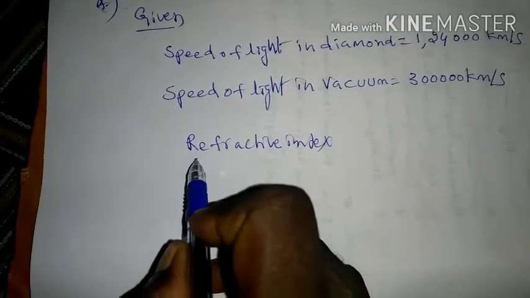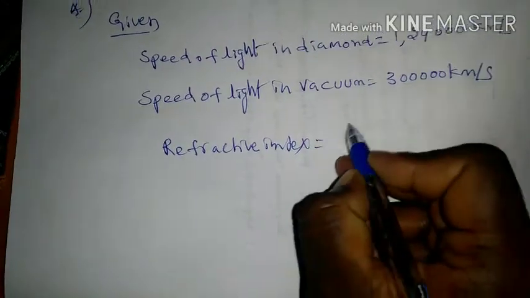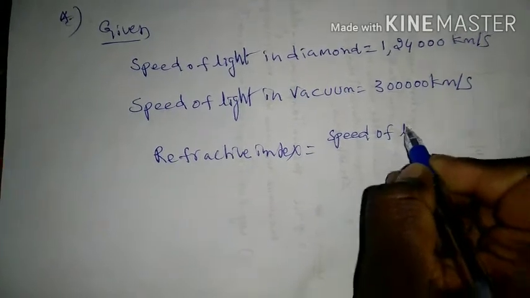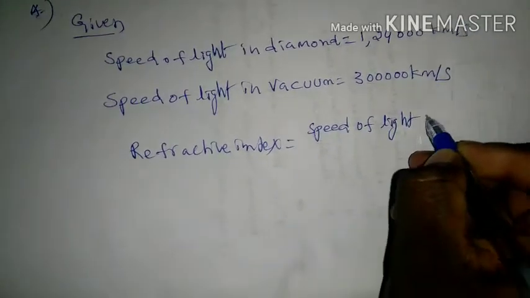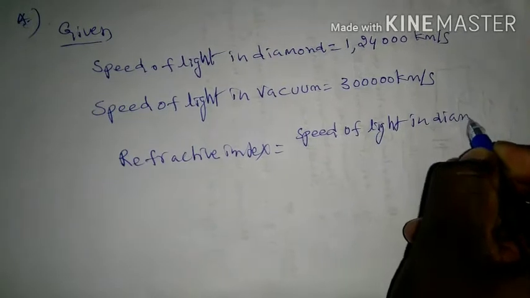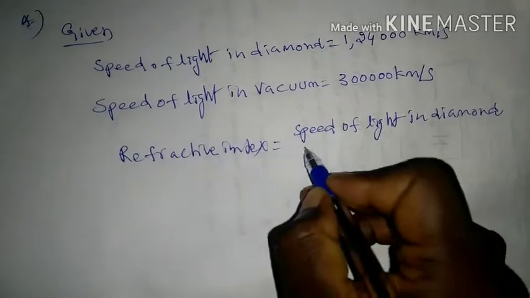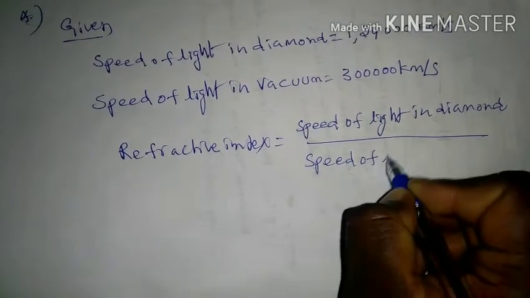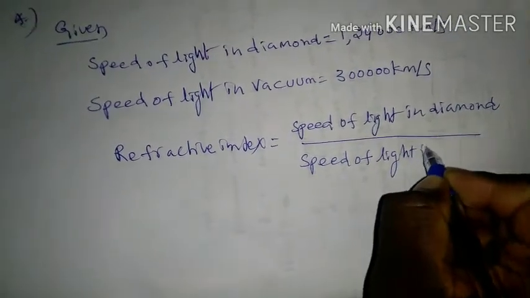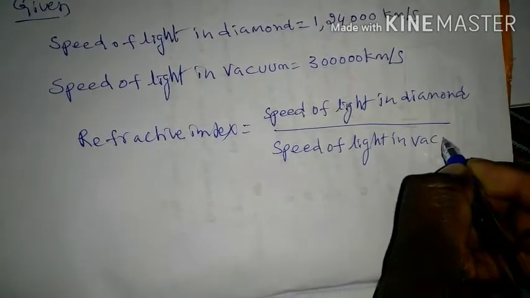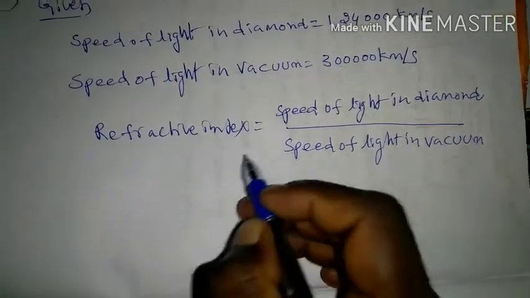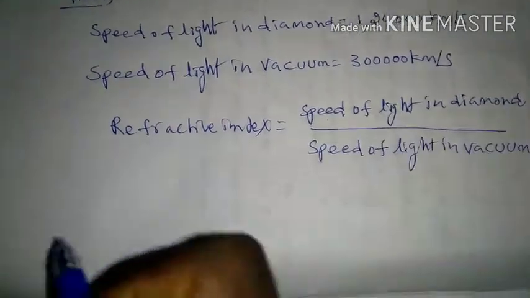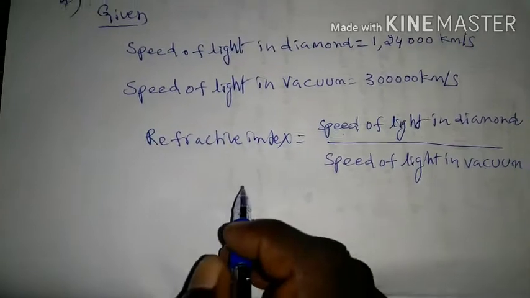Write: refractive index is equal to speed of light in diamond by speed of light in vacuum. This is the formula.